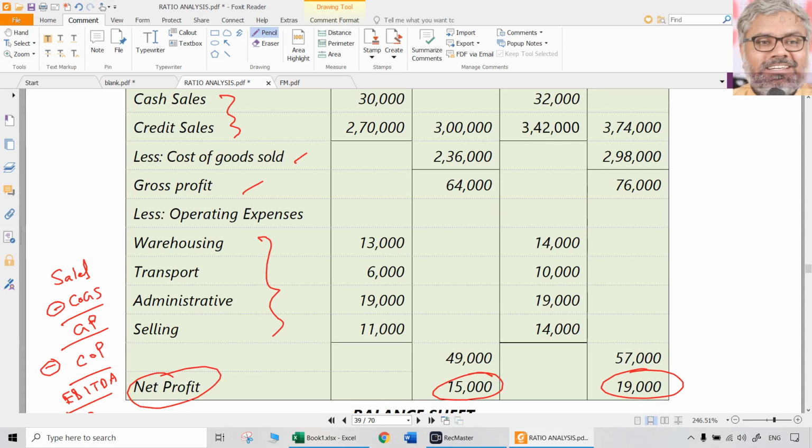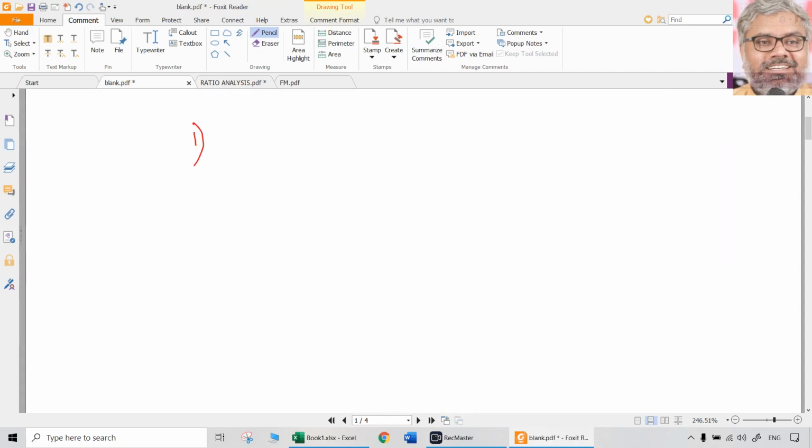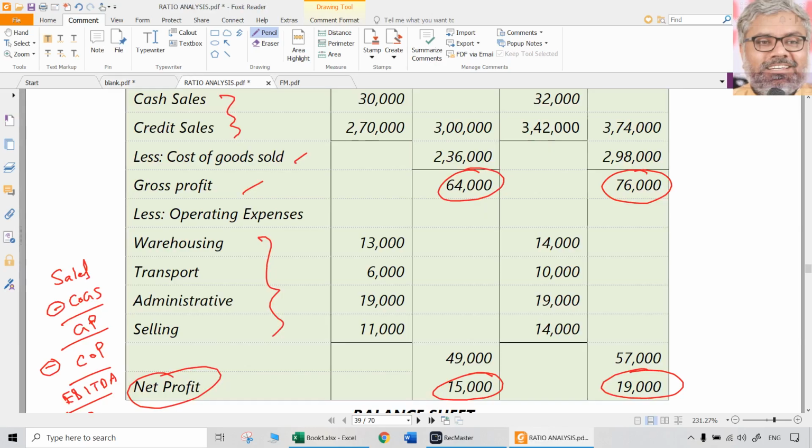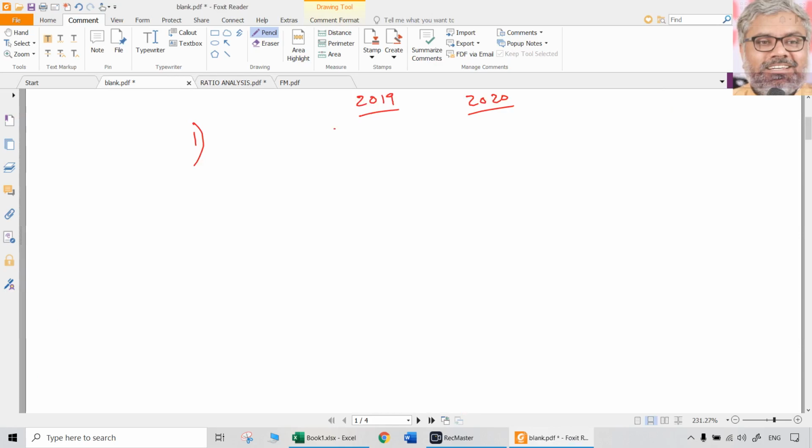So gross profit is how much? 64,76,000. And by the way, we are calculating this not for 1 year, we are calculating for 2 years, 2019 and 2020. Divided by what?